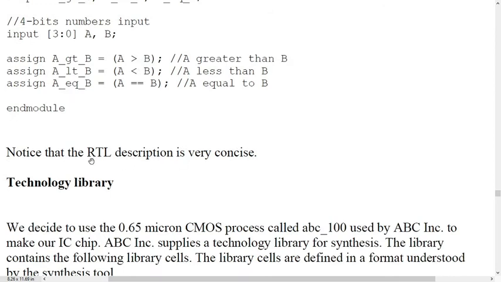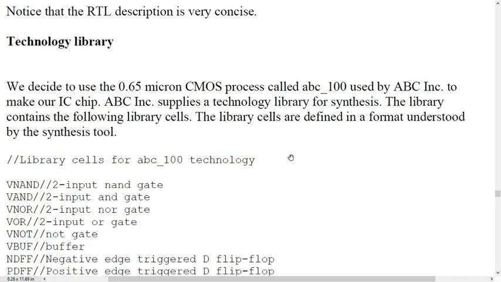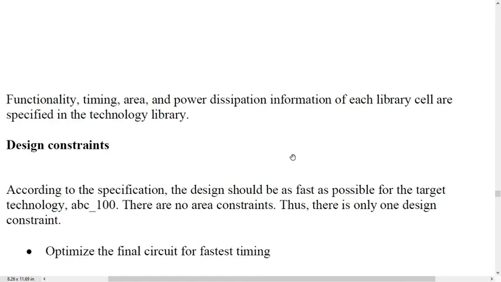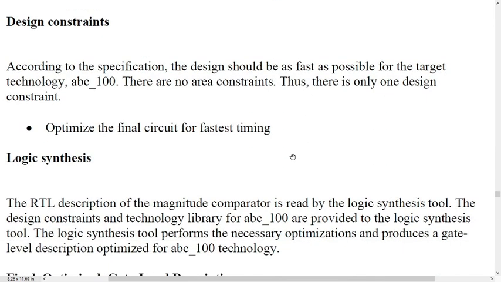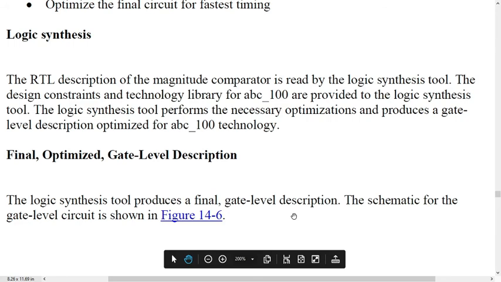Since the RTL description is very concise, I can select the technology library for my 4-bit comparator and start designing. Then design constraints, then logic synthesis, and finally the optimized gate level representation.